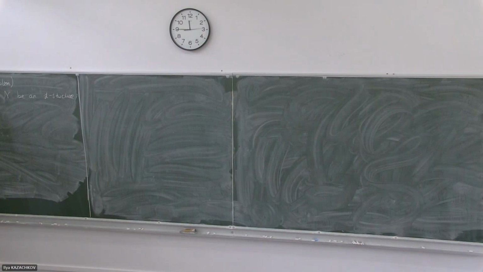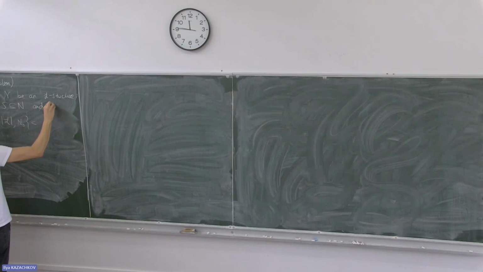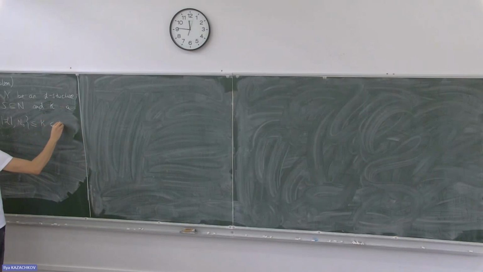And let S be some subset of N, and kappa be a cardinal, such that it sits in between: the cardinality of N is bigger than kappa, which is bigger than the cardinality of S, bigger than the cardinality of the language, and it is an infinite cardinal.